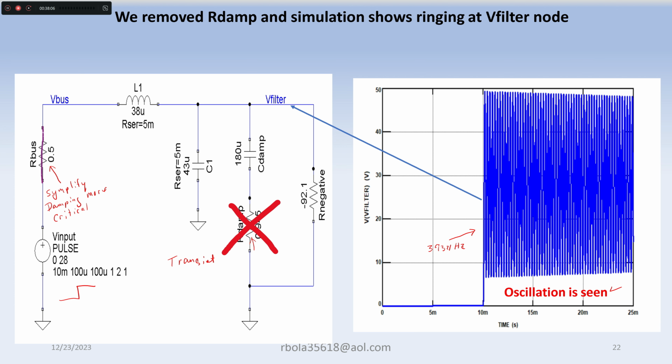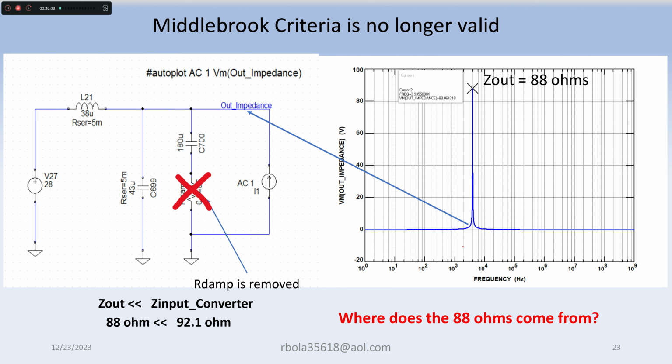Once you do that, you can go ahead and put back your current source and then measure the output impedance to see why it is oscillating.